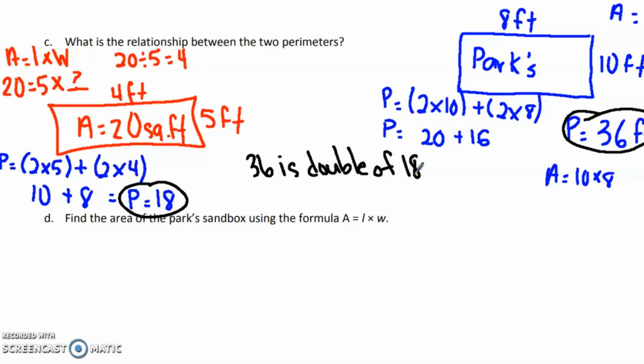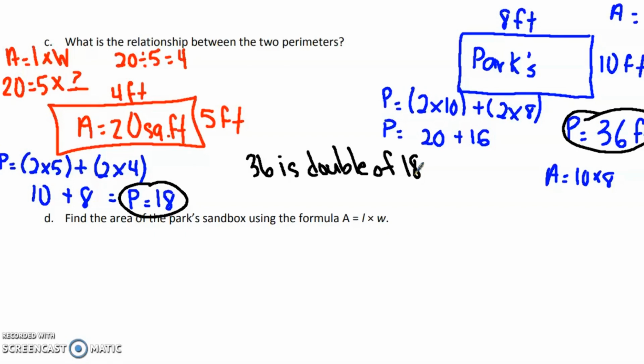Why? Because 18 times 2, or 18 plus 18, gives me 36. So we could say that they're doubles. The Park's sandbox is double the perimeter of Betsy's sandbox.